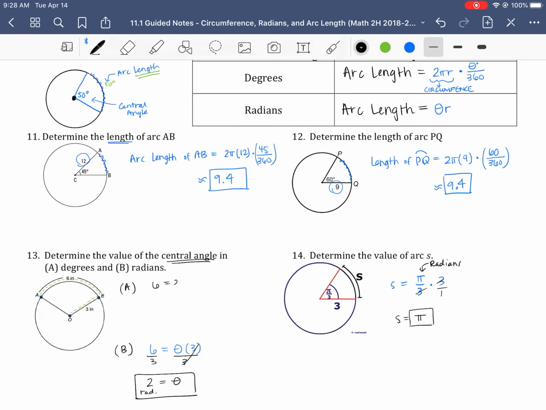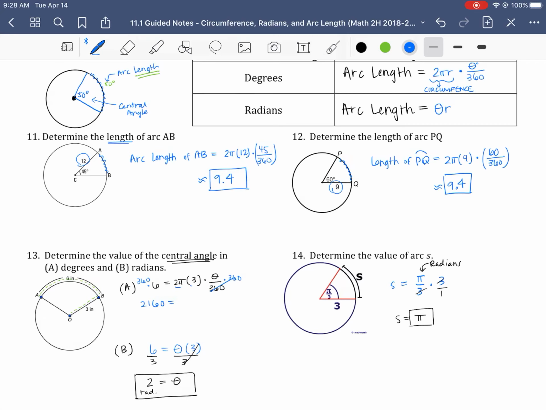That's going to be equal to 2 pi r, and our r in this case is 3, times theta over 360. And we're solving for theta. You can solve that in different ways. If you want to get rid of the 360 on the bottom, you could multiply both sides by 360. That would get rid of that fraction, since we love fractions.